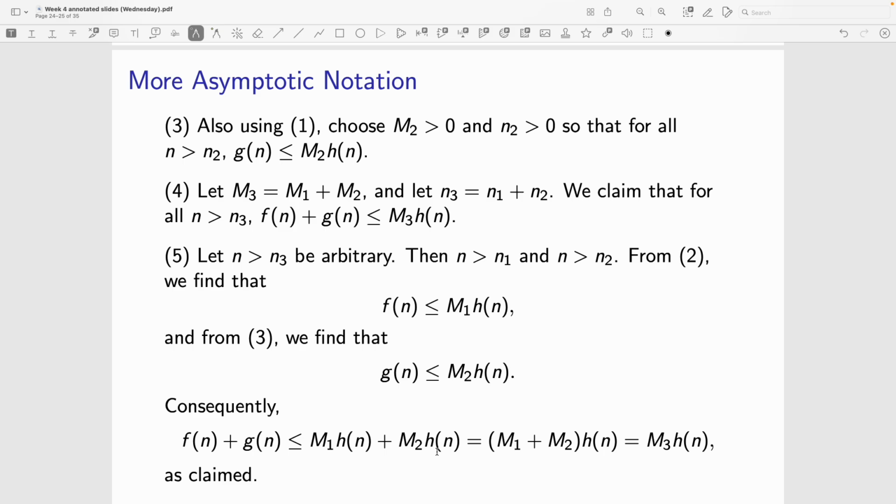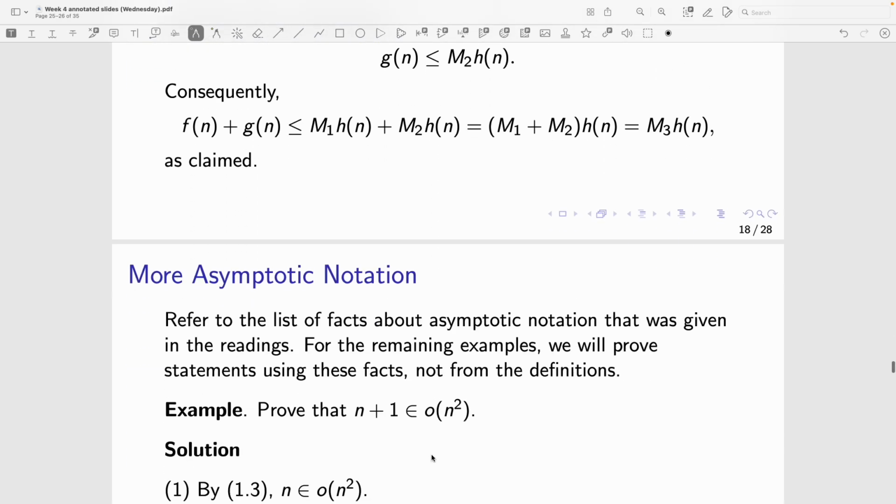And we already know that f of n is less than or equal to m1 times h of n, and g of n is less than or equal to m2 times h of n. So like I said, distributive property, it just works.